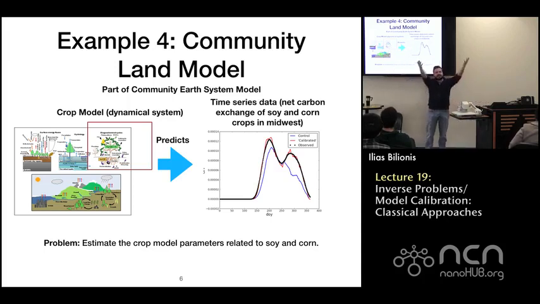So the plants grab chemicals from the atmosphere and put them in the ground. And then they grow and then they die, and so on. So the whole process is simulated through that model. And it has parameters that we don't know.